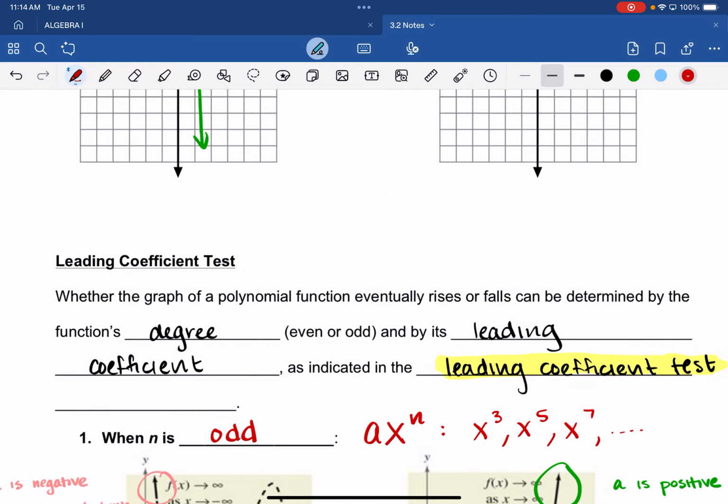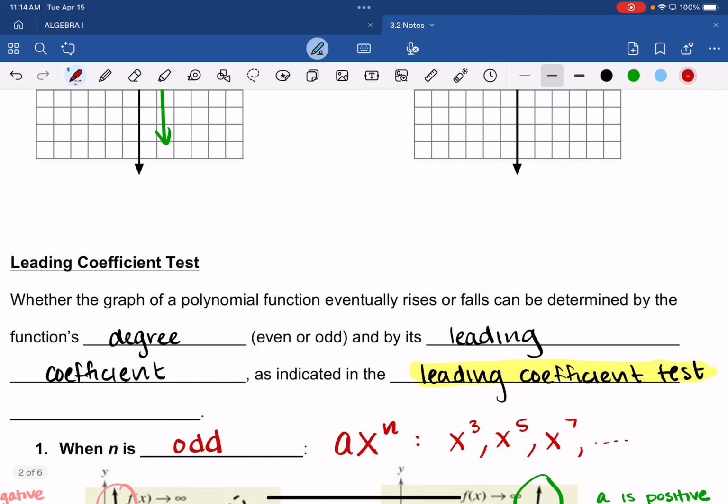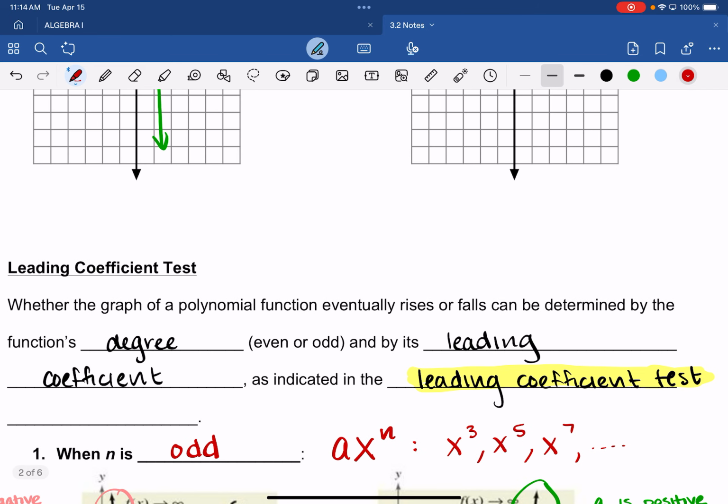Let's talk about the leading coefficient test. All right, so just copy this down for a second, then I'm going to talk about our picture, because that's where it'll come into play. The leading coefficient test, I highlighted that because that's the wording you're going to see on the homework, on the test. Okay, we're going to see it on our examples here. You'll see leading coefficient test.